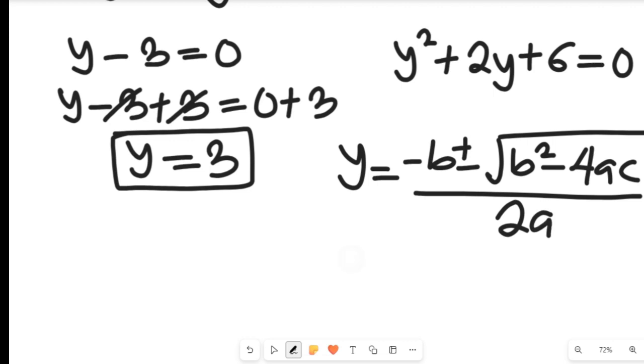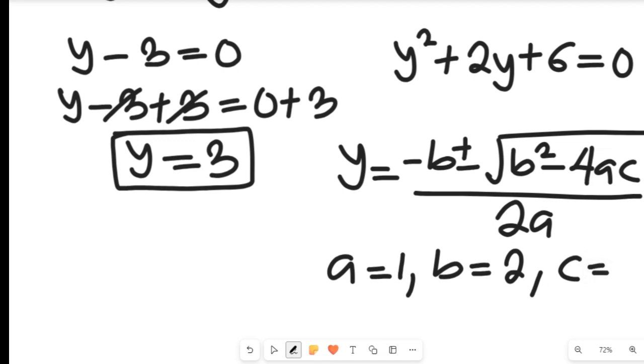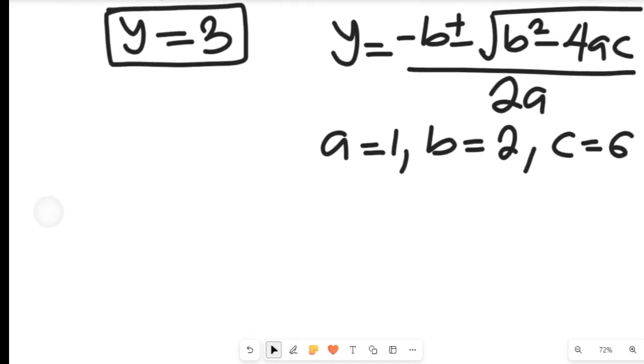From that expression, our a is equal to 1, our b is equal to 2, and our c is equal to 6. Now let's substitute the value of a, b, and c into the expression.